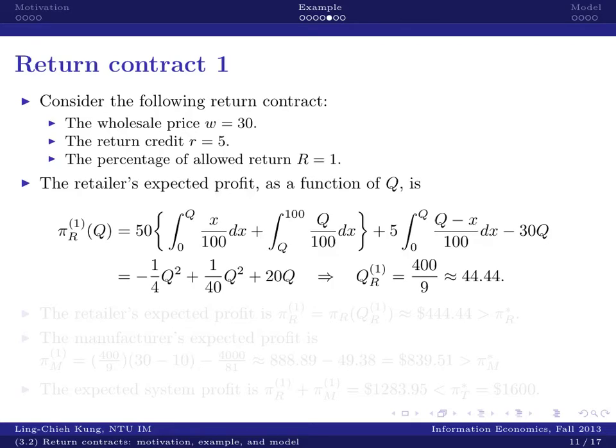In this case, the retailer's expected profit needs to be calculated again with a new term. We want to show the retailer's expected profit as a function of Q. Let's denote this as pi r with a superscript 1 to denote what's going on under the first return contract.